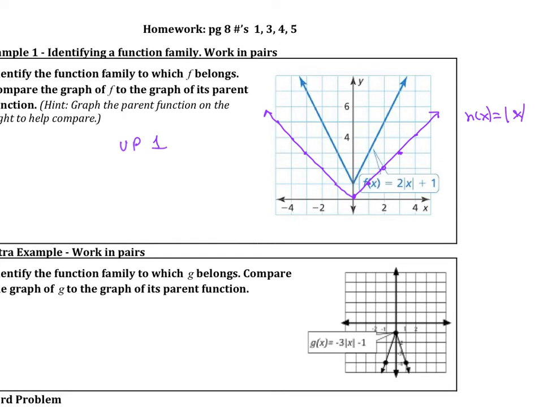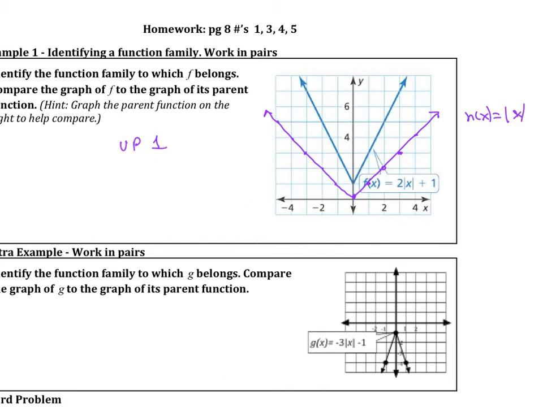So that's one thing. And then let's look at the slope of the right side. It's up 1, right 1, up 1, right 1. Now what about here? This is up 2, right 1, up 2, right 1. So it goes up much faster. I've had students say that the slope is steeper on one side.